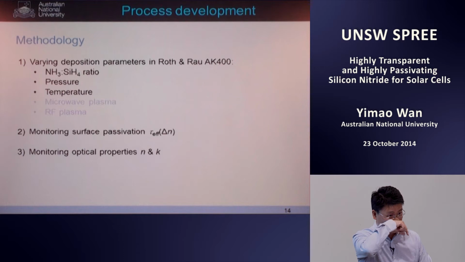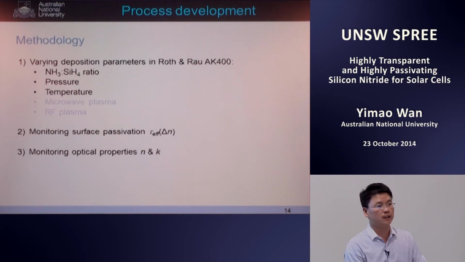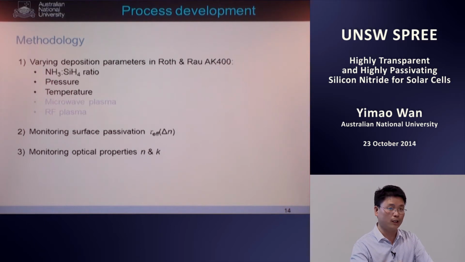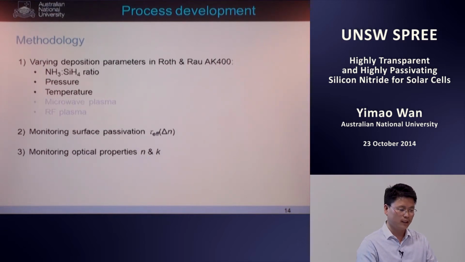So the next section is process development, some experimental work to try to achieve or obtain an optimum silicon nitride which has high passivation as well as high transmission. Or, following the review, say we decouple these two properties. So the methodology here is we varied several deposition conditions or parameters in the R&R AK400 PECVD reactor, which UNSW has quite a similar one. The parameters varied here are the precursor gas ratio, deposition pressure, and temperature.